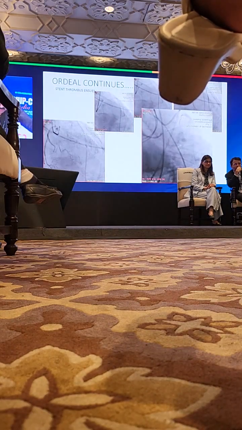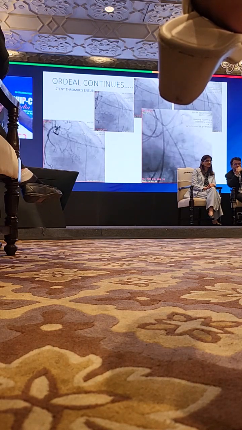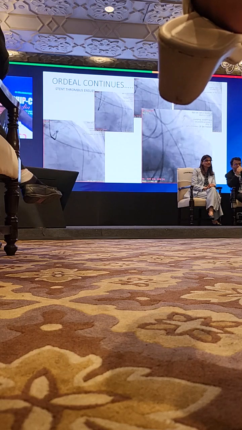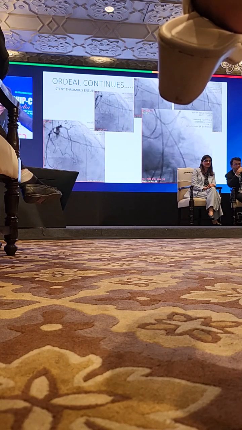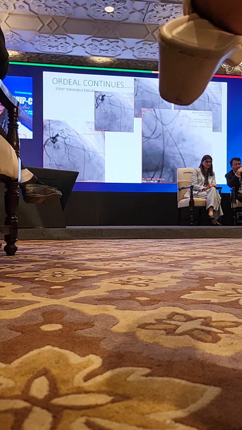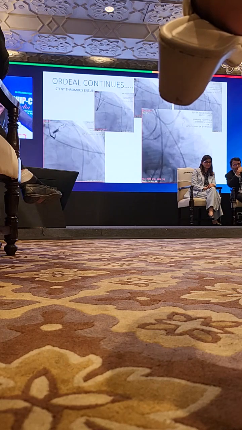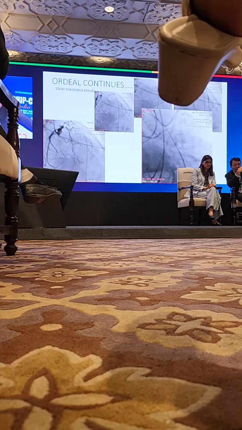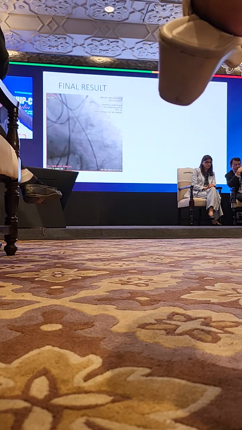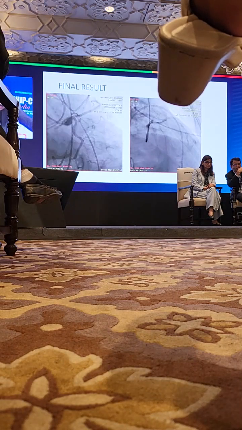So again the wire was crossed and ballooning was done, and now the indentation seen in the previous angiogram looked more dangerous. So then we stented the vessel as well, and this is the final result which was taken afterwards.